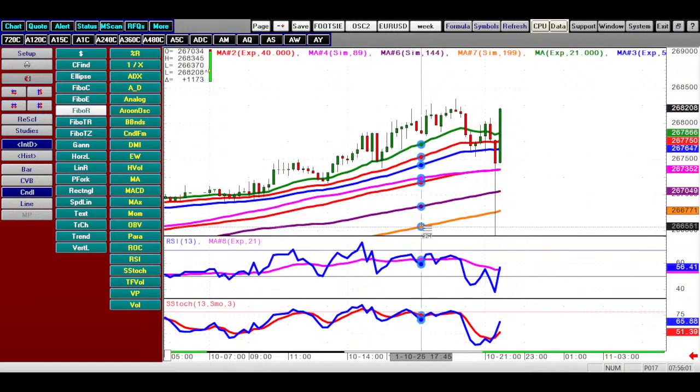So I repeat, either we may have seen the high at 83 for gold, or we may see the price moving higher. Either one is possible, because as of now, that 83 might be the high also.